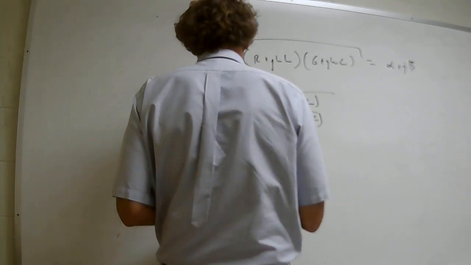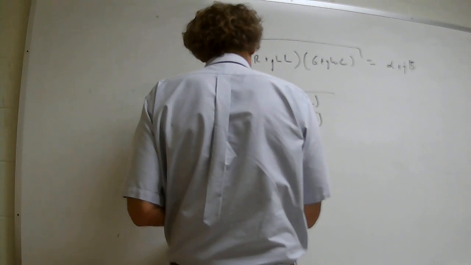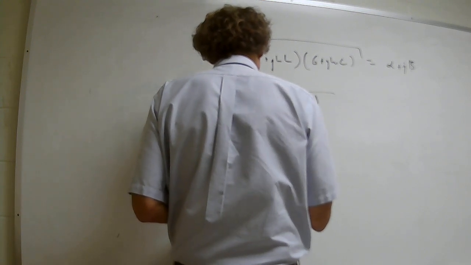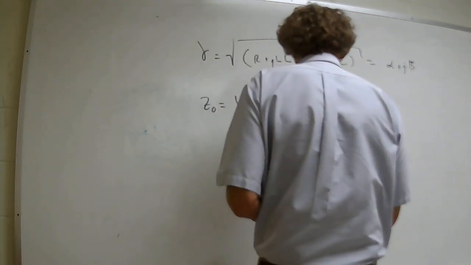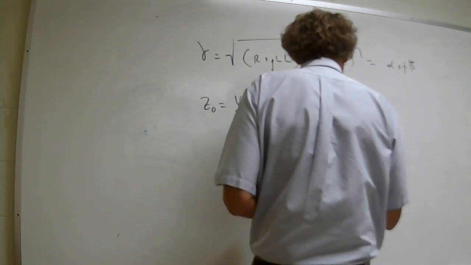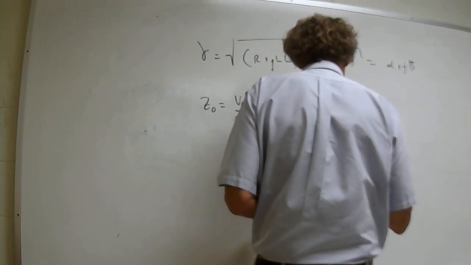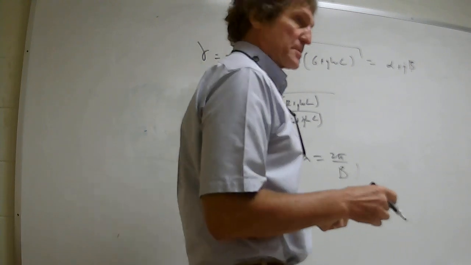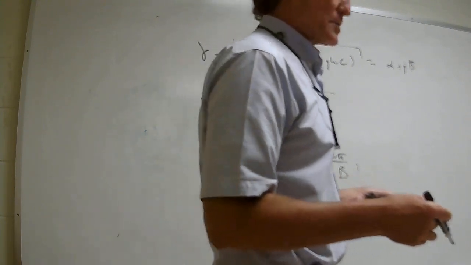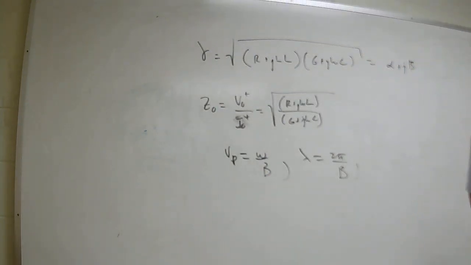We talked about phase velocity, omega over beta. We talked about wavelength, which is 2 pi over beta. And we talked about a few other things. Y'all remember this class? So, in general, if I asked you for, I'm going to give you just a for instance.